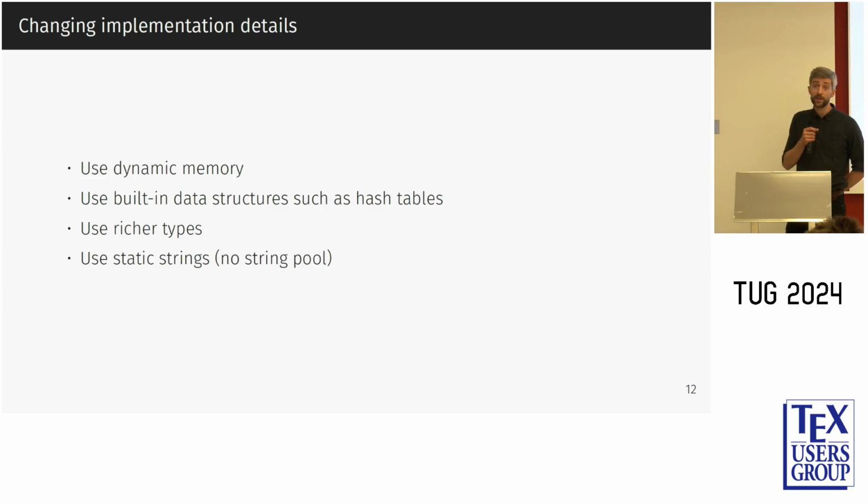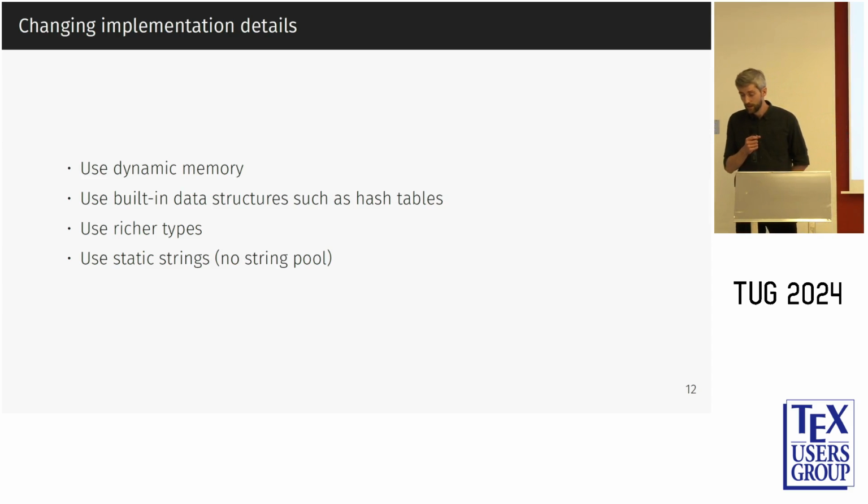Then to utilize the built-in data structures such as hash tables, dynamic arrays, and other things, and just use the facilities that this language provides to make the programming easier, and the code maybe easier to read as well. And in the same fashion, to use richer types.